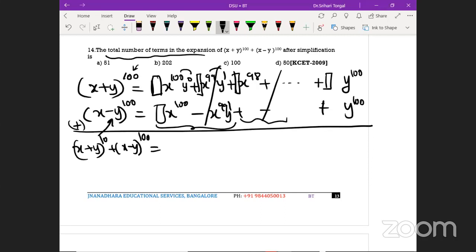Third and fourth cancelled. At the end, you will cancel with the total. How many terms are there? Till here it is 100. Until 100 terms it will be cancelled. Okay. 100th term will get cancelled. So how many are left out in these?